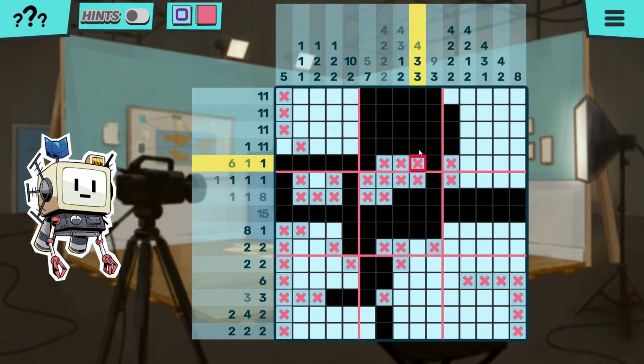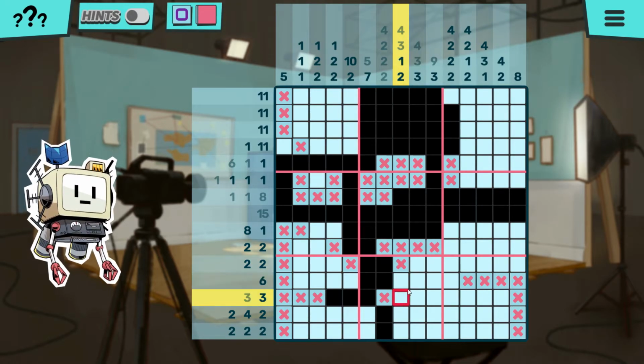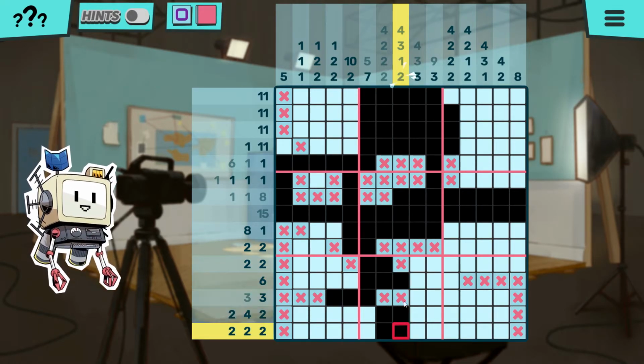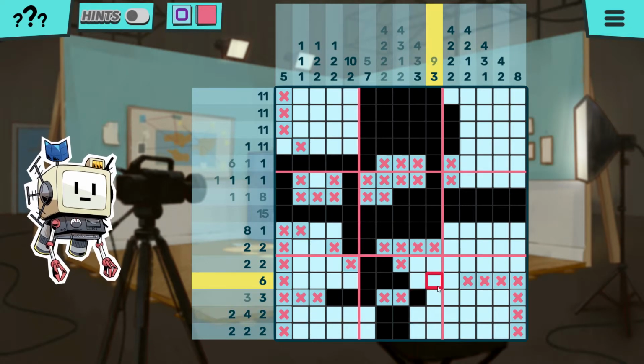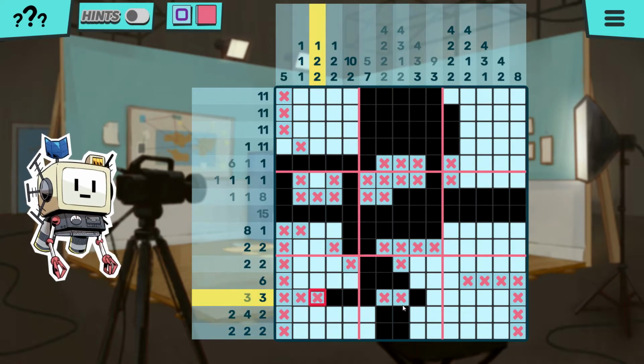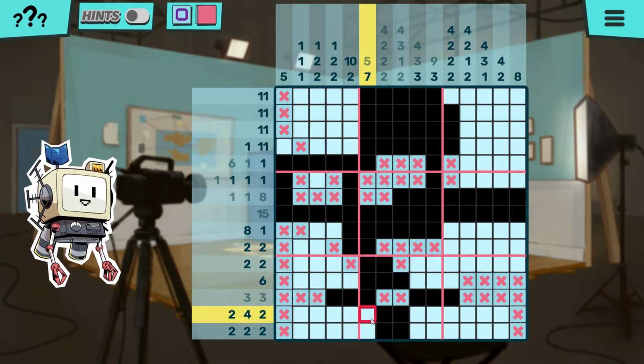That needs to be blank. That needs to be blank. There's 1 and 2, so this needs to be filled out. There's a 3 here, so this needs to be filled out at least. That also means that this has to start here.